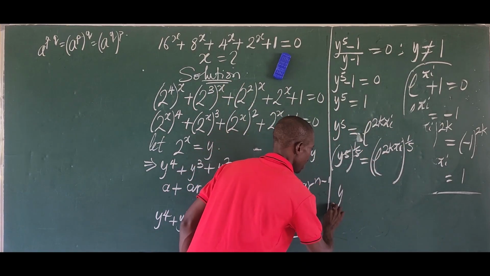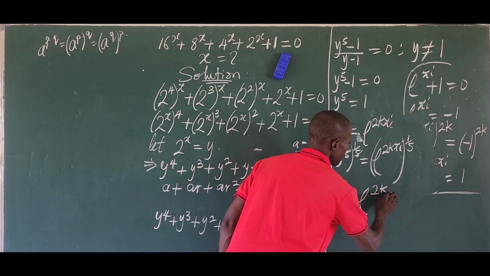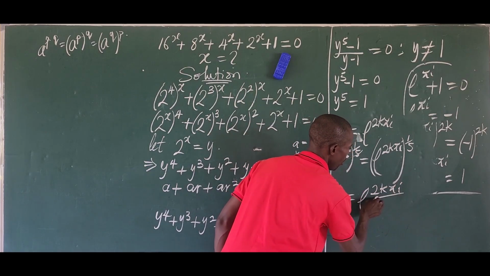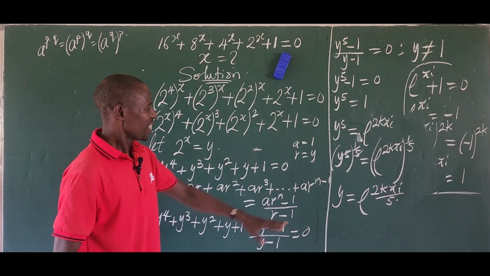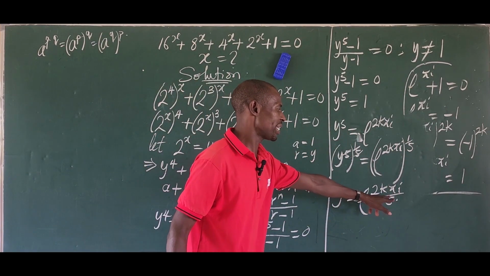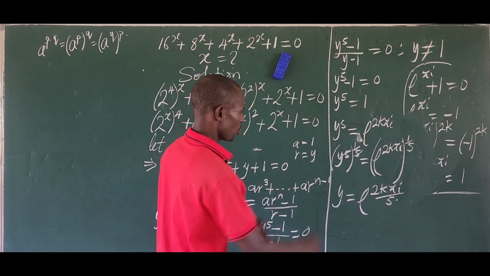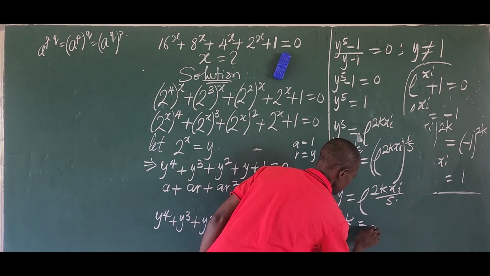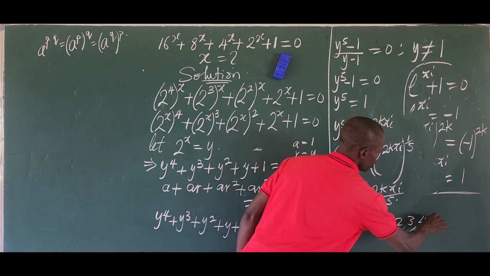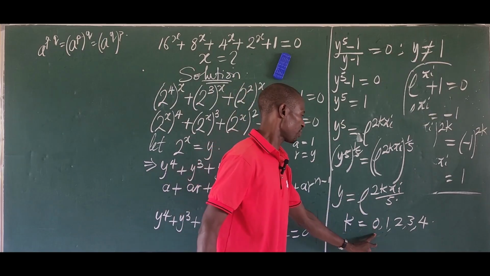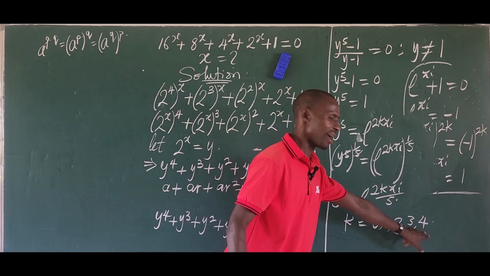This leaves the system, so we now have y is equal to e raised to the power of 2k pi i all over 5. Easy. All right. So with this now, what is our k? Because we are looking for 5 roots here, k is equal to 0, 1, 2, 3, and we stop at 4, because this gives us y0, y1, y2, y3, y4.